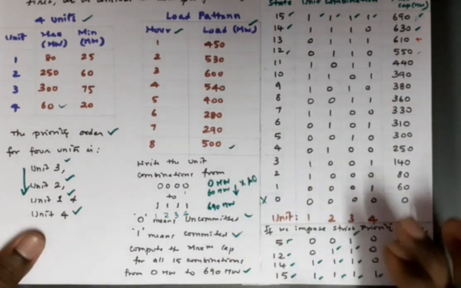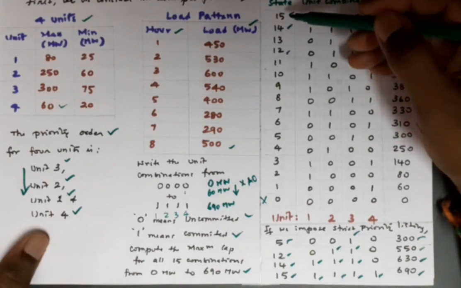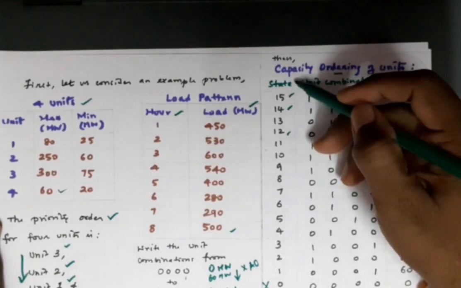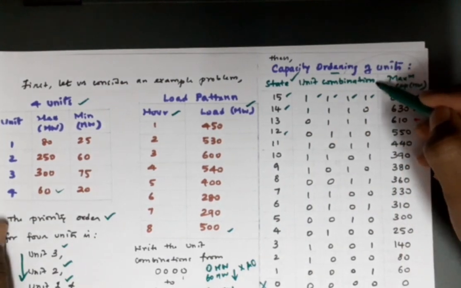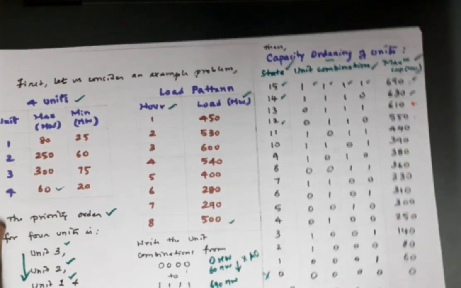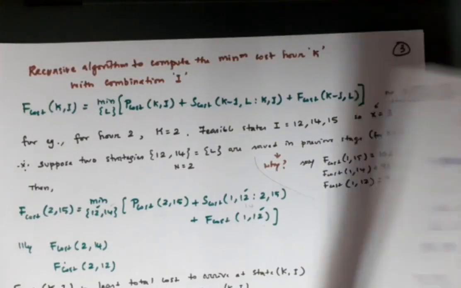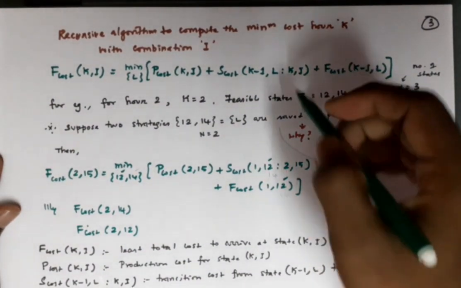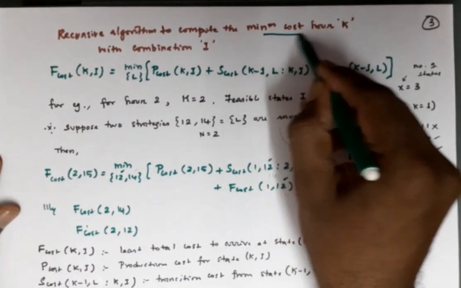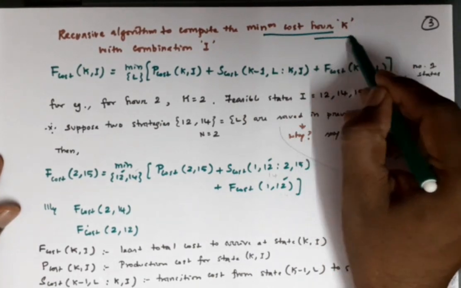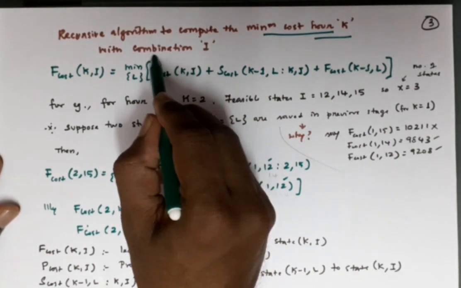So you should understand what is a state and what is the combination and what is the maximum capacity. So with this understanding, now we will go into this recursive algorithm to compute the minimum cost for the Rk with the combination I.